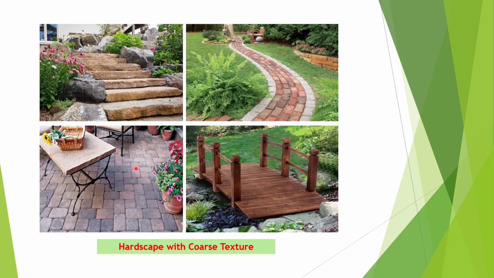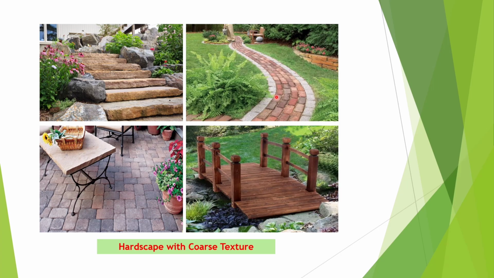This rough texture absorbs and reflects light differently. Different shadows will be there, and it will enhance the shadows. As a result, plants appear closer, so space feels smaller. When you use a hardscape which is coarse in nature, that will lead a space to appear smaller.